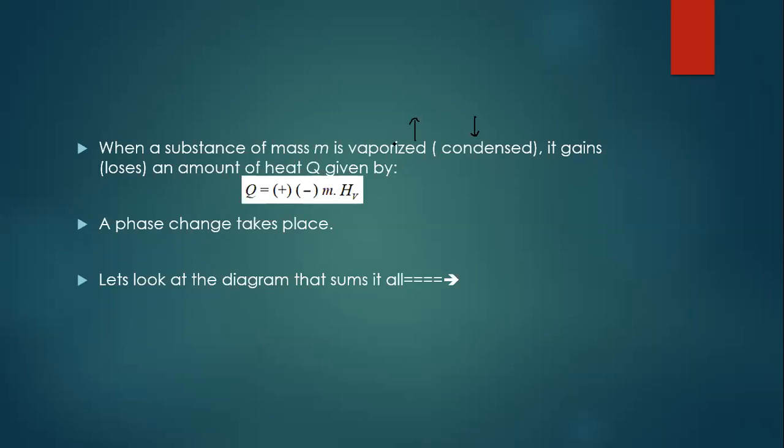It can turn from liquid to gas, or from gas to liquid when condensing. So when condensing is taking place, we lose energy. And when evaporation is taking place, we gain. The substance gains energy.